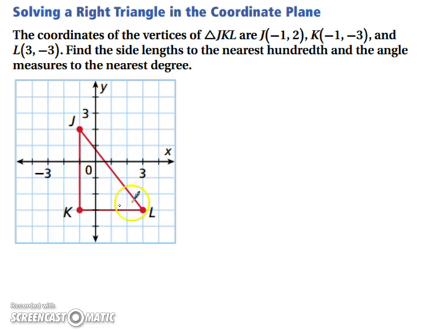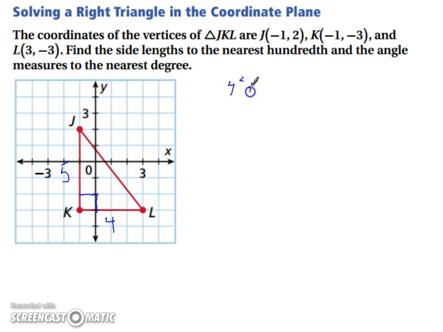Now, two of our sides are nice and easy to find because we can simply count. Like KL is 1, 2, 3, 4, and JK is 1, 2, 3, 4, 5.